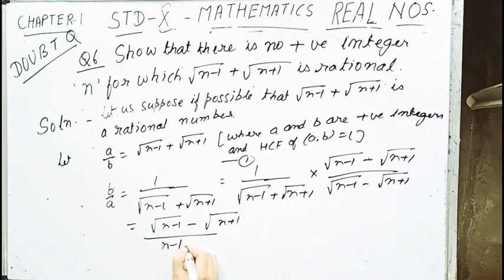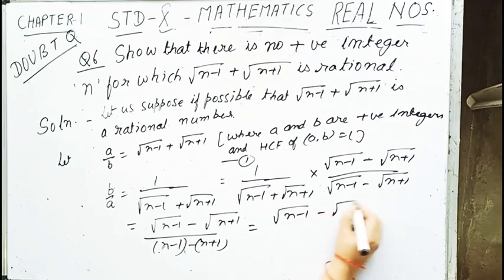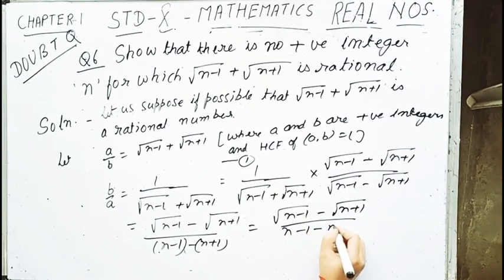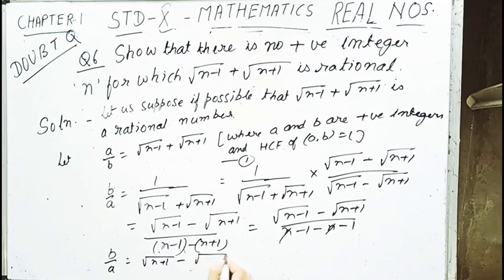So this is (n−1) − (n+1), giving (√(n−1) − √(n+1)) divided by −2.